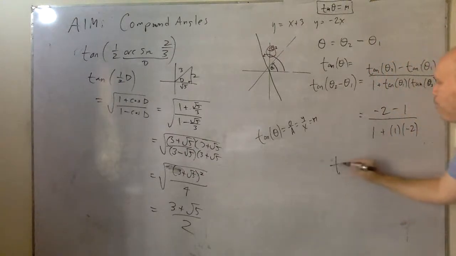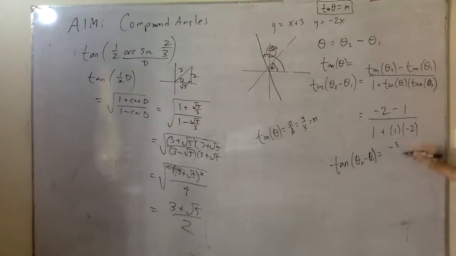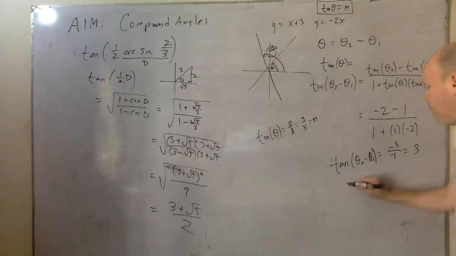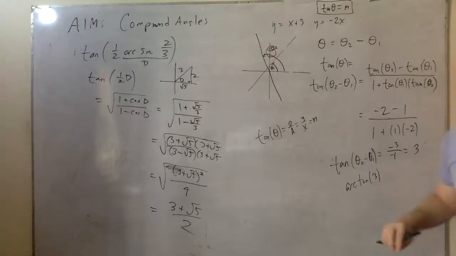So, let's see what I have here. The tangent of the difference is equal to negative 3 over 1 minus 2, which is 3. And then you take the arctangent of 3. Hey Siri, what is the arctangent of 3?